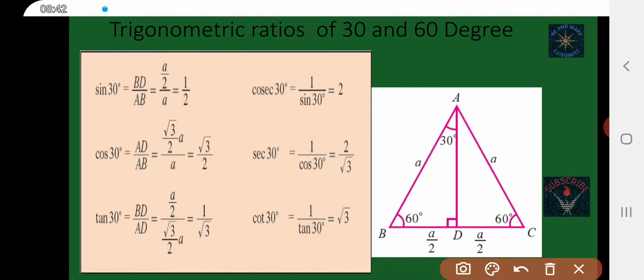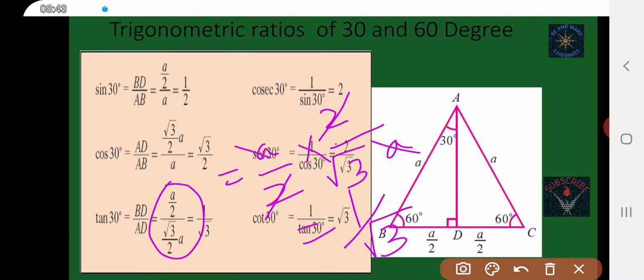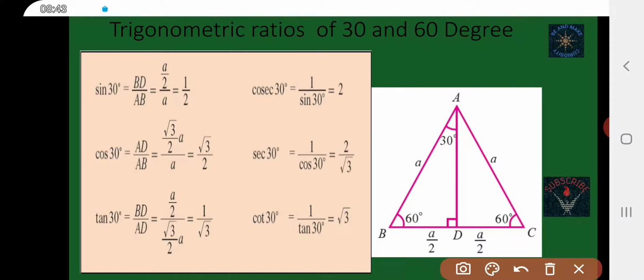Now you simplify this, then you get A by 2 into 2 by root 3A. Then A cancel, 2 cancel, then 1 by root 3. So tan 30 degree is 1 by root 3. Okay.